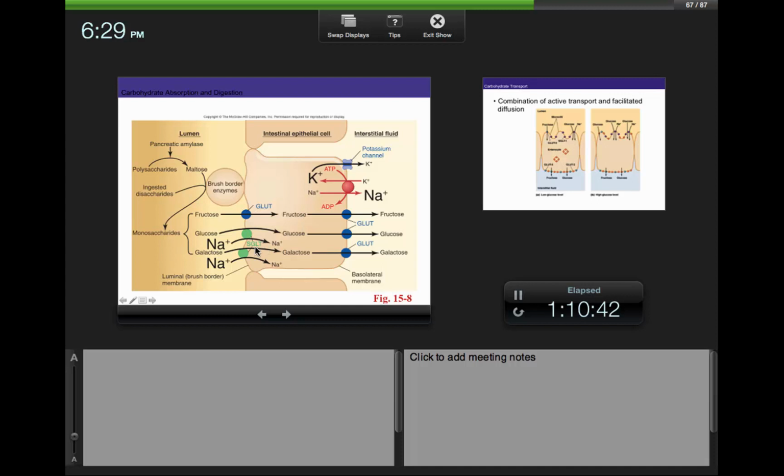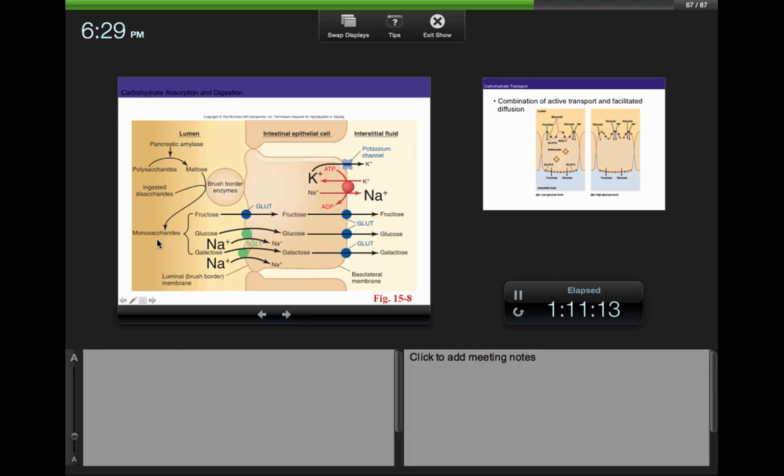Remember, these are mediated through those sodium glucose transporters, or SGLT. They're located on the apical membrane. This is kind of a nice figure. Actually, this is a really nice figure to show that pancreatic amylase is an enzyme that breaks down polysaccharides to disaccharides like maltose, to then monosaccharides.